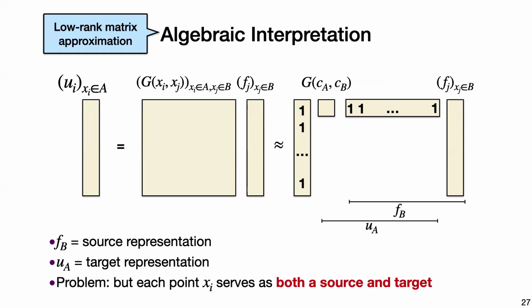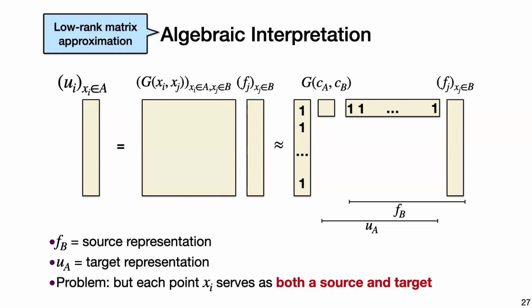And then you can think about it this way as well. The normal matrix vector product view would be this tree, x of i, x of j for all x of i in A, x of j in B. Then you have a vector of the forces in B, and you can multiply them to get the forces in A. But you can use a low rank approximation, or instead you just make this matrix into one point.